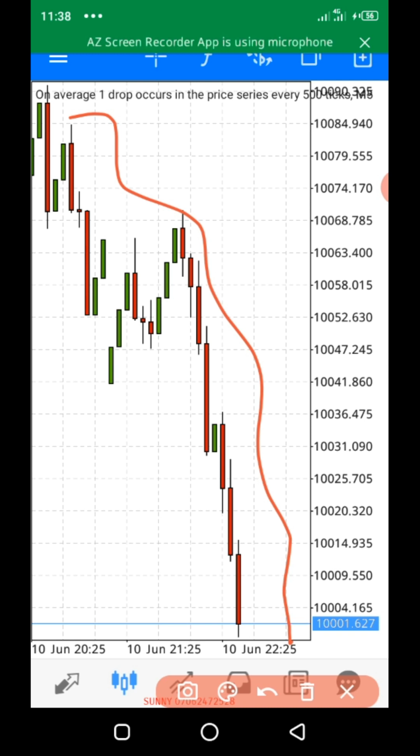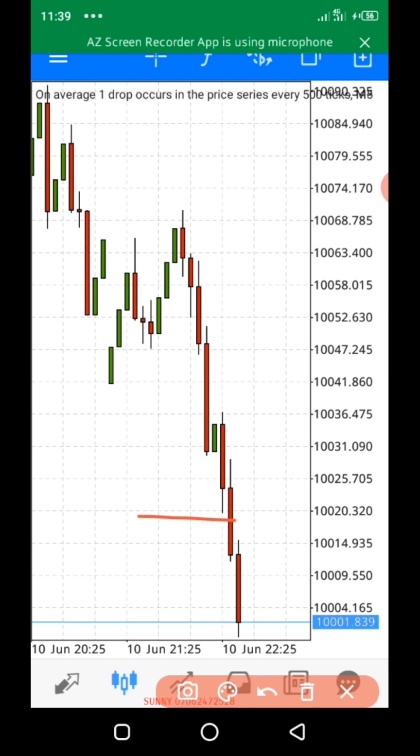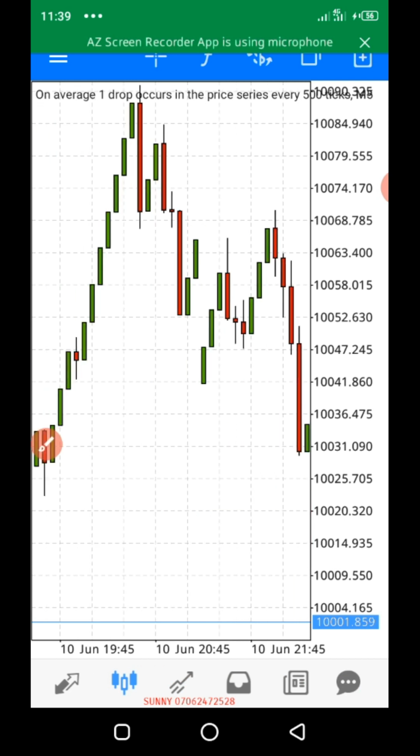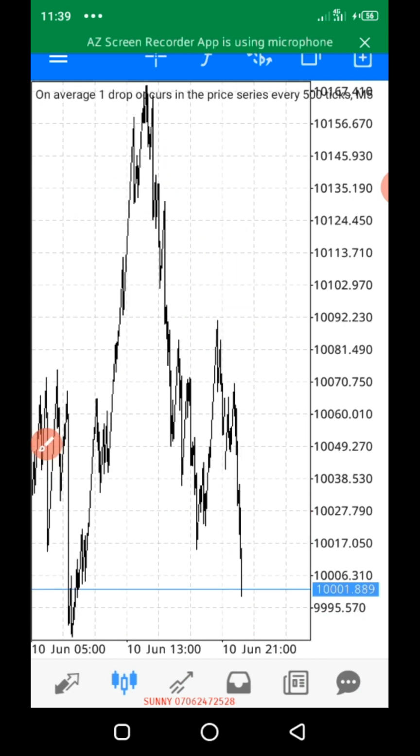So if H1, which is 1 hour, is selling, that means the 5 minutes will be selling massively. That is what is happening here. So you can use this 5 minutes to place your trade. You can say, okay, now the market is selling, probably it will sell to a certain point, then you just place your trade here.